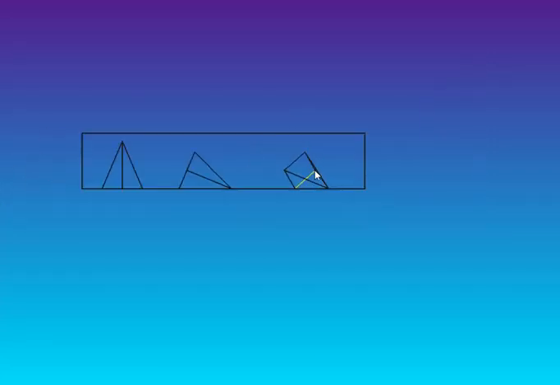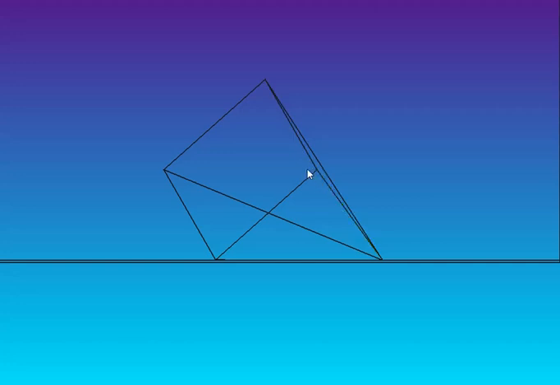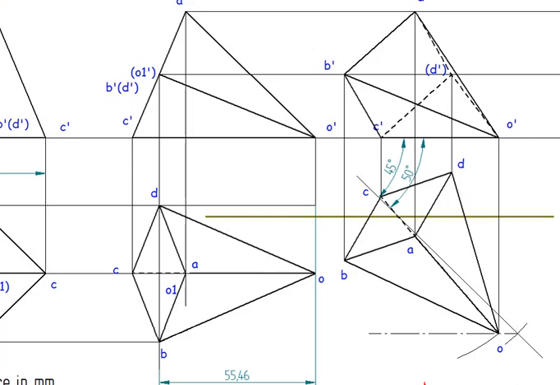If I keep this in wireframe, you can see that these are nothing but the point D in solid view, which is not visible. Now we are going to project the axis line. From here this should be the axis line. We need to trim the axis line.